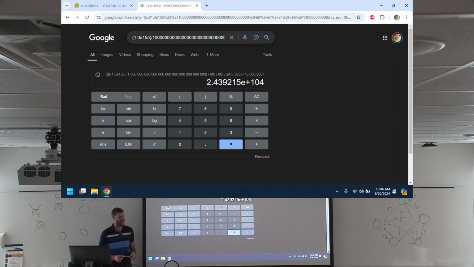But we need orders of magnitude, so many orders of magnitude more time than the universe has existed to be able to do it by calculating this many a second, which is not even possible. So that algorithm ain't going to work, right?